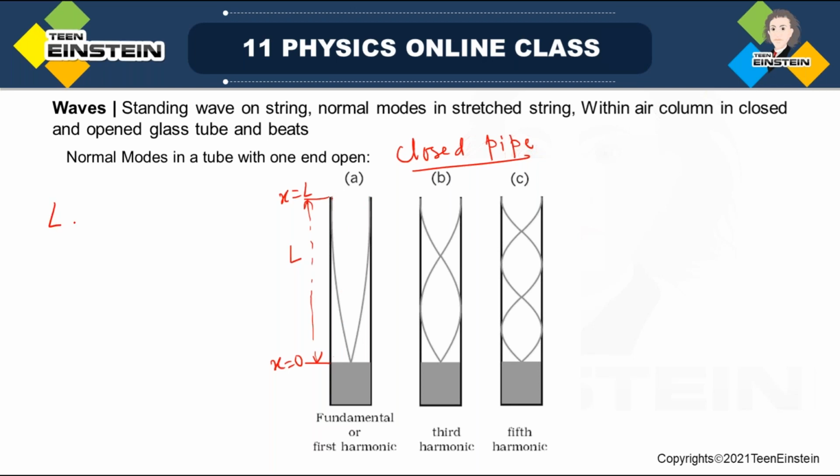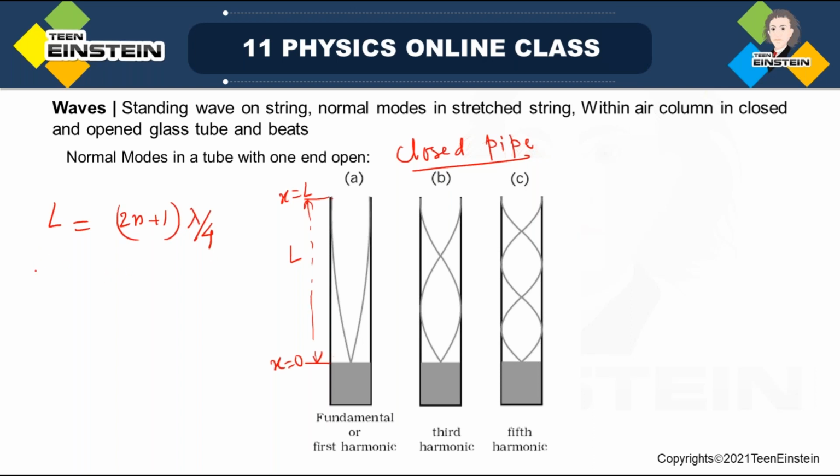So the condition for antinodes is (2n plus 1) lambda by 4, if you remember correctly. So L has to satisfy (2n plus 1) lambda by 4.